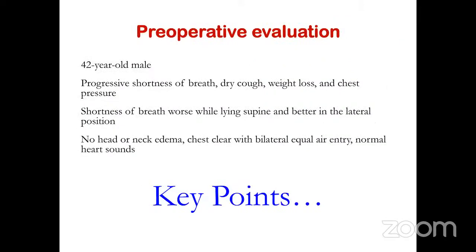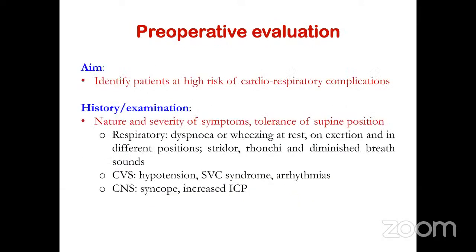Now, just to summarize, coming back to the same patient and the features I have just mentioned, when these patients come to you, the main aim of assessment or evaluation is to identify patients at high risk for cardiorespiratory complications, cardiovascular and respiratory complications.